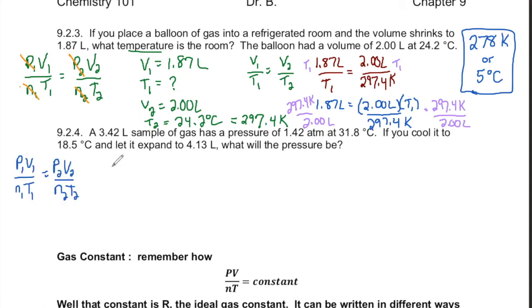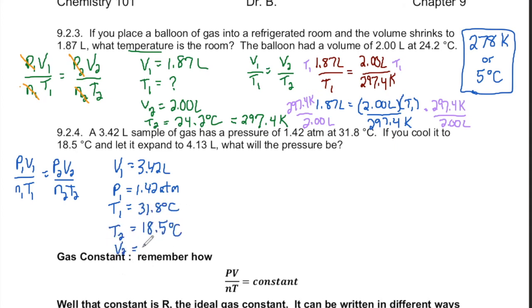All right, so this original sample of gas, we have a volume of 3.42 liters, and the pressure is 1.42 atmospheres, and it looks like the temperature is 31.8 degrees Celsius. And then the new temperature is going to be 18.5 degrees Celsius, and the new volume is 4.13 liters.